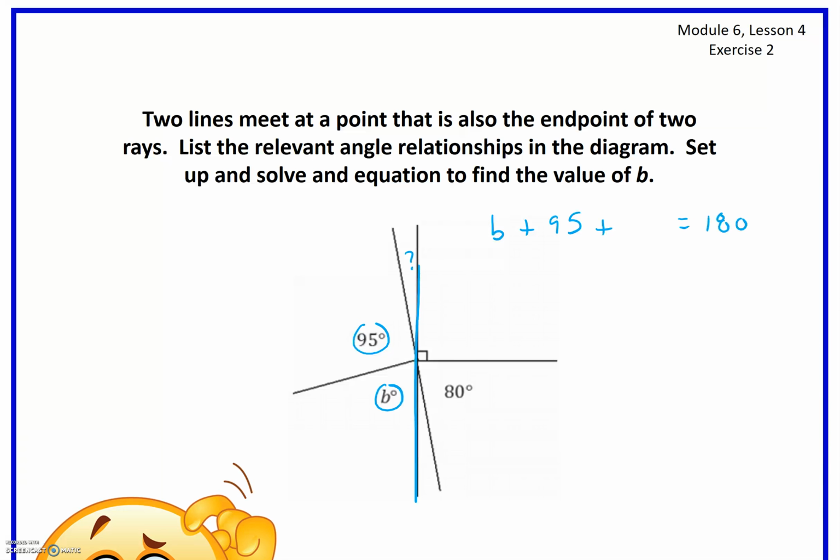Can't just put another variable because we already have a variable of B. However, logically we can figure this out because we have a 90 degree angle here, which means we also have a 90 degree angle here, and 80 plus, we'll call it x, 80 plus 10 equals 90, so we know that this is 10 degrees, and it's a vertical angle to this angle, so we know that that's 10 degrees. Equation figured out, solve for B, and you'll find your missing value.